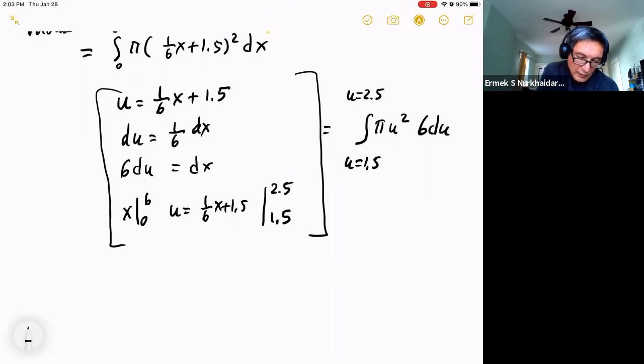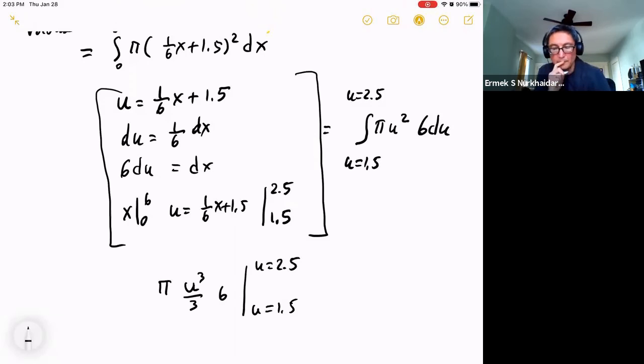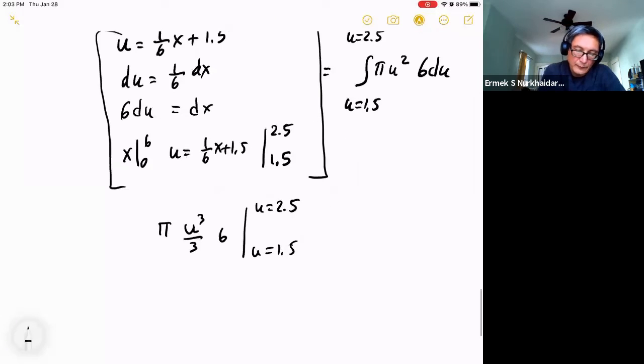So our antiderivative will be pi u cubed over 3 times 6, with u from 1.5 to 2.5. So our final answer is going to be 2 pi times 2.5 cubed minus 2 pi times 1.5 cubed.